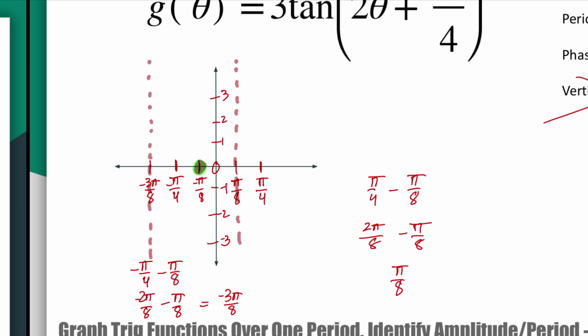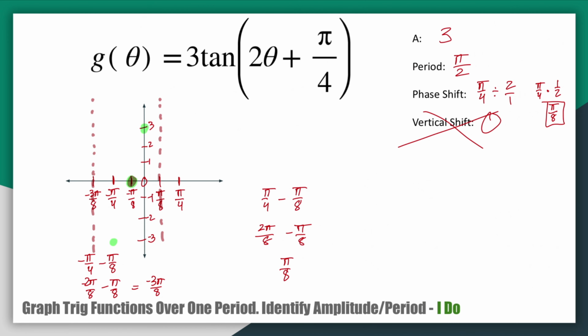We start right in our center on the y-axis, and we're going to go to the a value, because it's not amplitude, on the right and the left of that. To 3 and to negative 3. Now we just have to draw the rest. There is no vertical shift, so it's going to kind of just be like that. And that's it.